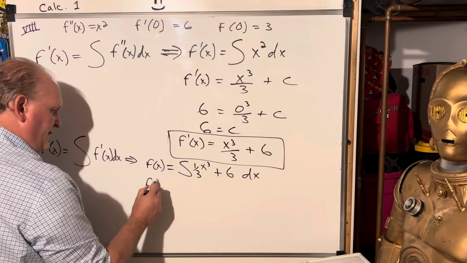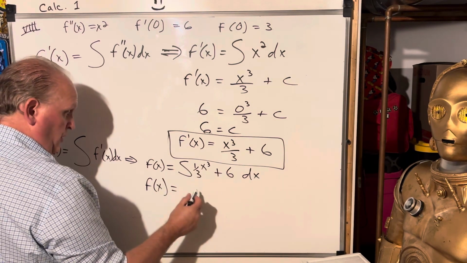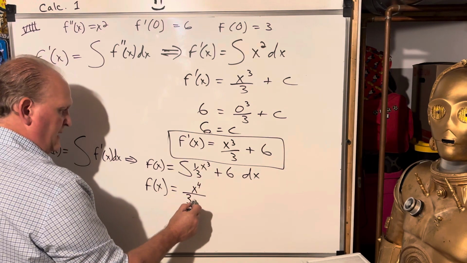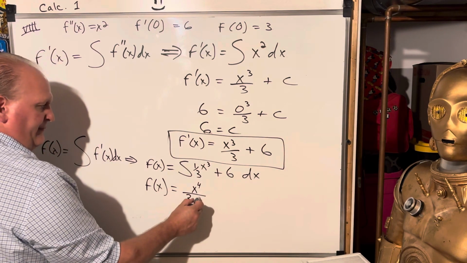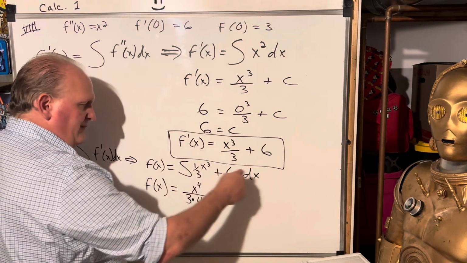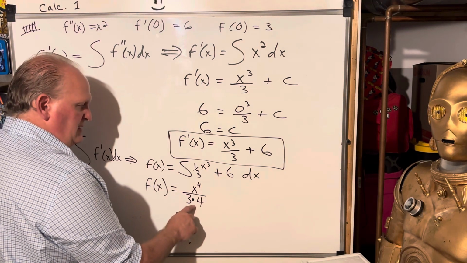And so f of x is equal to, you add 1 to that, that's 4. 3's already on the bottom, but then times 4. Be careful. I've had students do this and they look at their own work after they've written it out and they end up saying 3.4. It's not, it's 3 times 4, that's going to be 12.